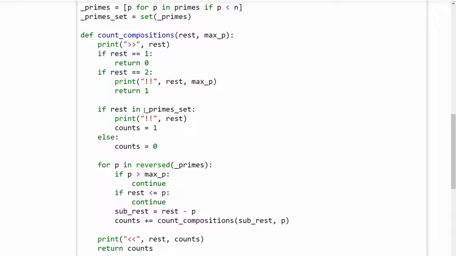If rest mod 3 equals 0, we count also once, but this is just because there's some row of 3s, or row of 2s. So this is 10, right? 10 mod 3 is not equal to 0.